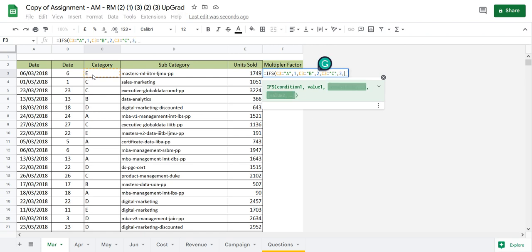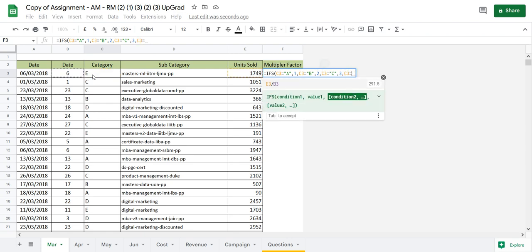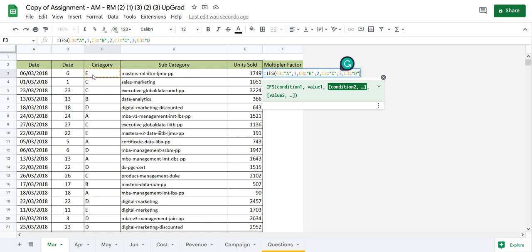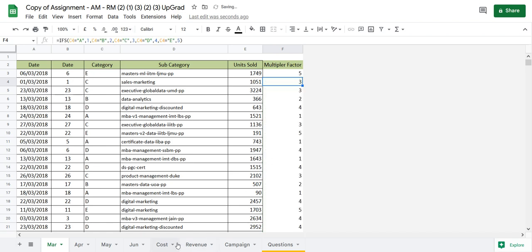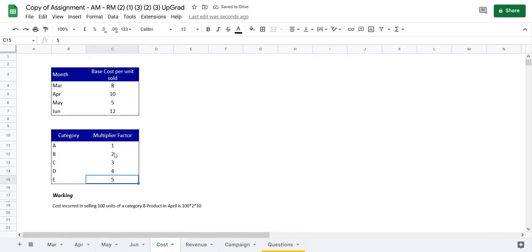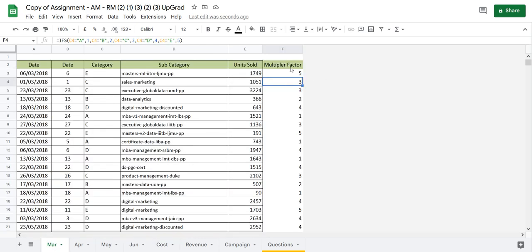For C it will be 3. For D it is 4. And for the last one, if this cell is equal to E, then the multiplier factor will be 5. Let's hit enter. See, this is E, so the multiplier factor is 5, so it is correct. We can see for A it is 1, B 2, C 3, D 4, and E 5. So we have the multiplier factor with us.